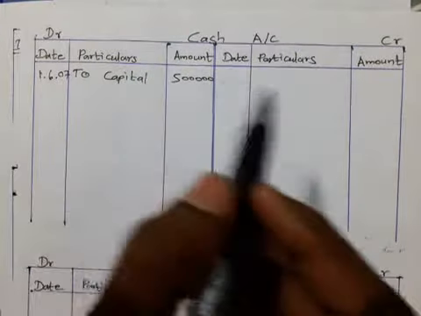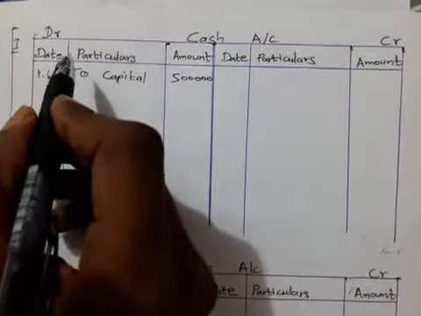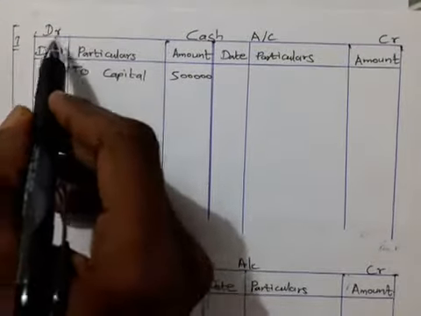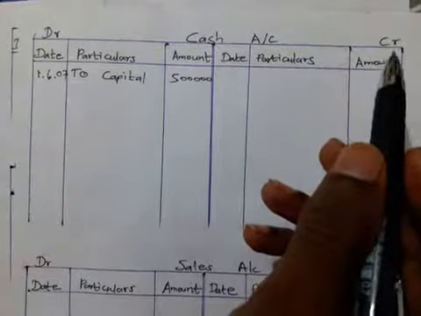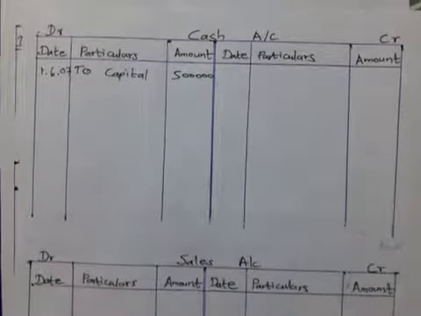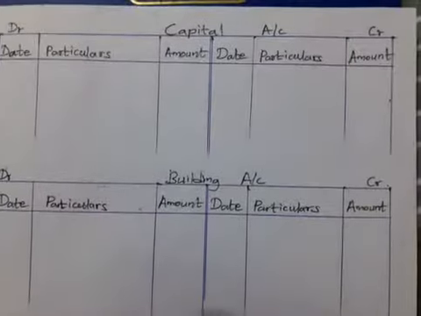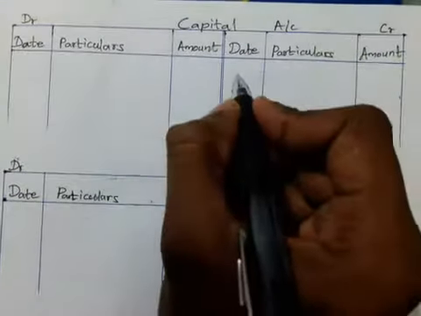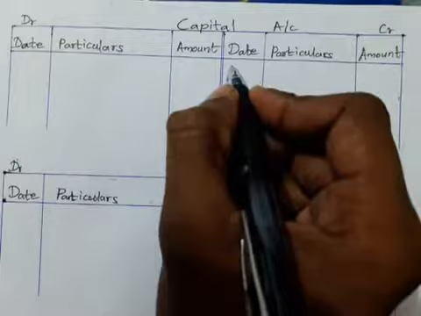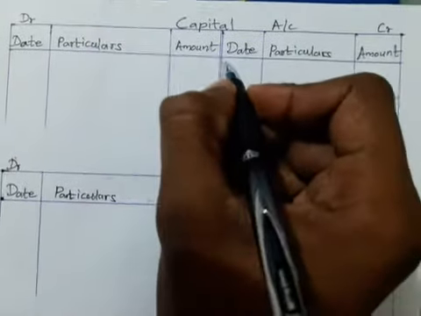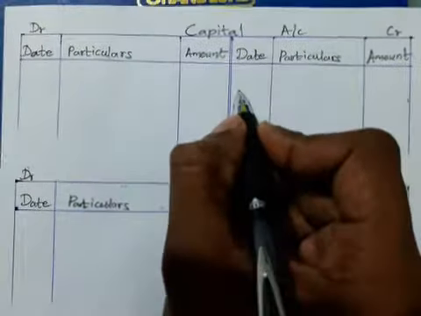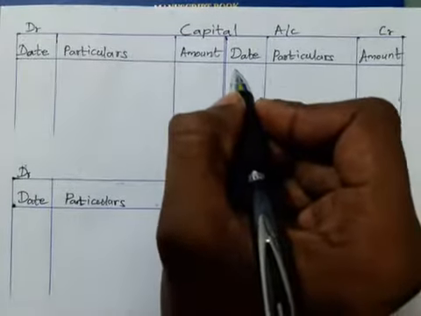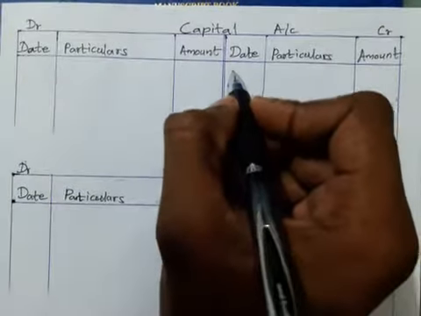This is the ledger account. So the left hand side is known as the debit side, as well as the right hand side is known as the credit side. So we record in the cash account debit side, and we are going to record in the capital account credit side, because whenever the capital increases we have to record it in that particular capital account's credit side.